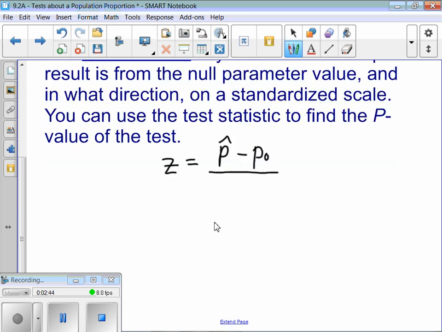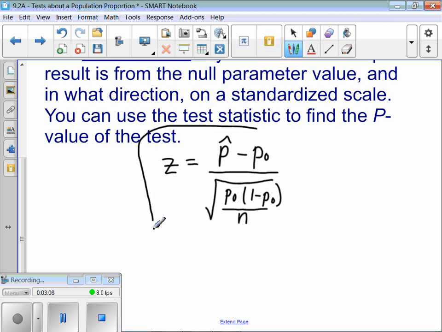And then we have our formula for the standard deviation for proportions. And this is on your yellow sheet. And so it's p times 1 minus p, and we use the p from the null hypothesis, divided by n, which is the number of trials. This is an important formula you definitely want to write down.